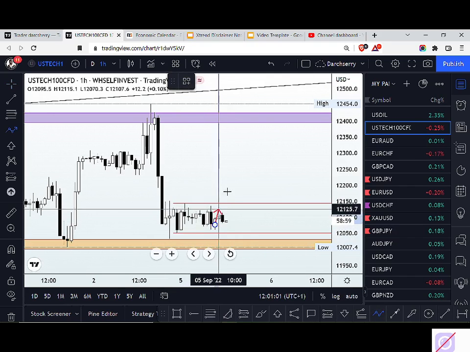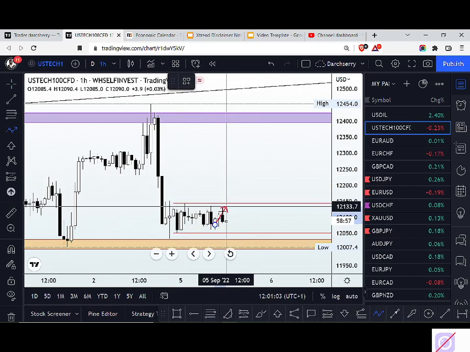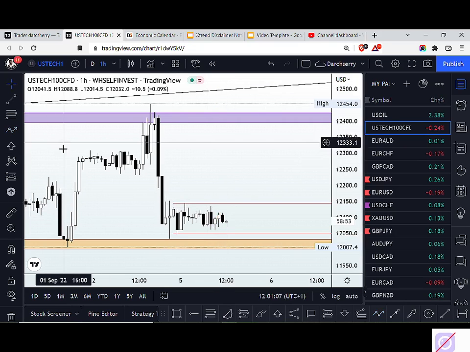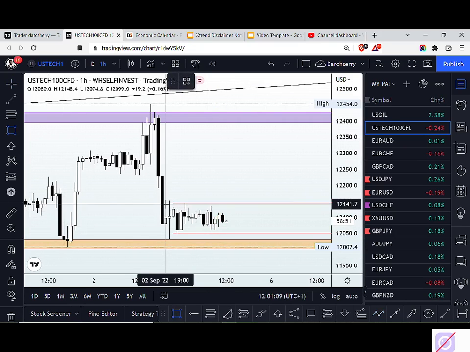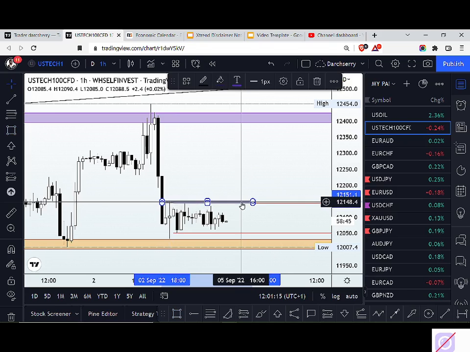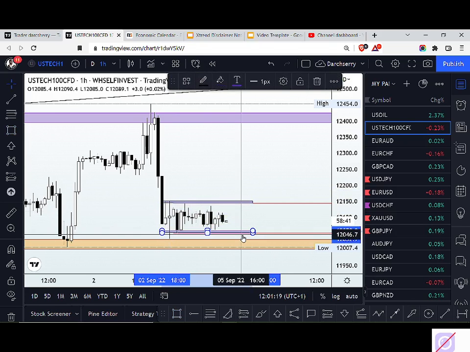So if we see price breakout of the structure to the upside, that we see a breakout of the $12,150 level, let me identify that level for the sake of clarity. So we have the $12,150 level here, and then we have the $12,050 area around here.